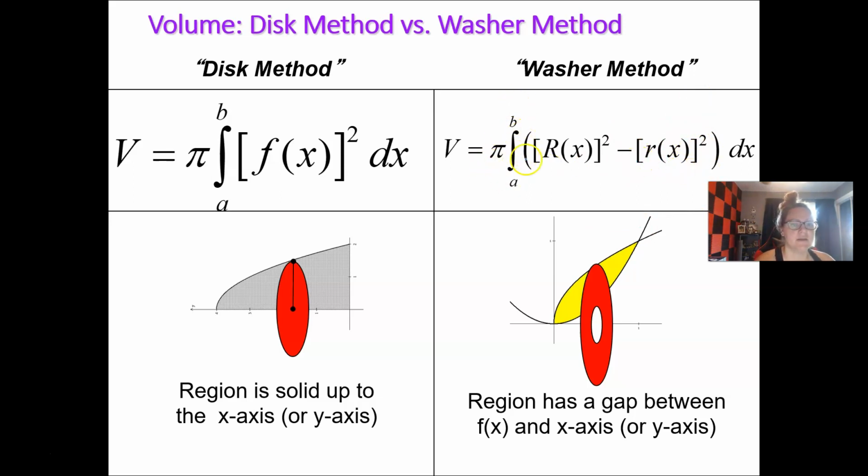So pi integral of your outer function minus your inner function. If you use outer and inner, that works whether it's with respect to x or y. So you use the furthest one first minus the closer one, whether you're looking at upper, lower, or outer, inner.